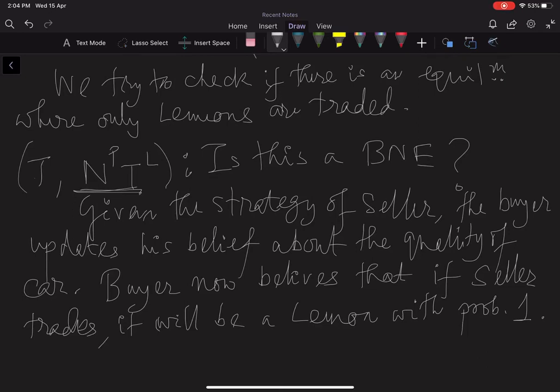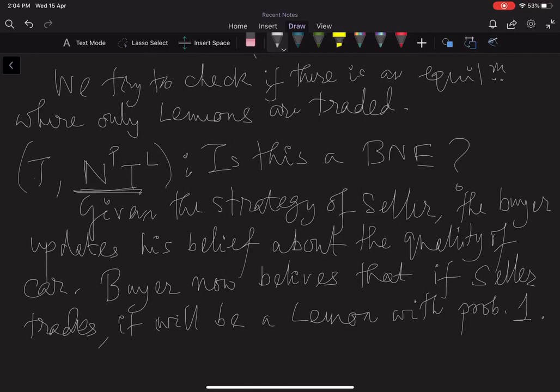Even though it's a very trivial use of Bayes rule, where the strategy already reveals for sure the type of the car that is being sold, it is still a Bayesian update. Okay, we are using Bayes rule to update.